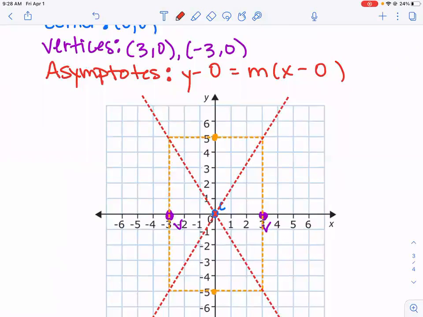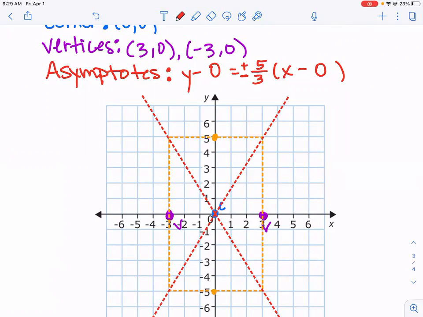Okay. Then I'm going to look at my picture so I can look at the rise over run. So I'm going to go from center to corner. What's our slope for this one? 5/3. What's our slope for this one? Okay, so one of our asymptotes has a slope of 5/3. One of our asymptotes has a slope of -5/3.